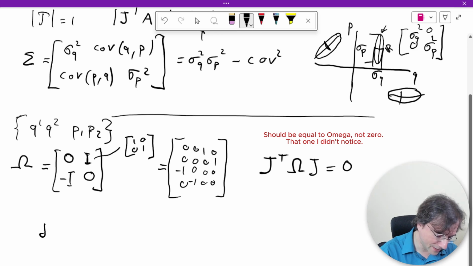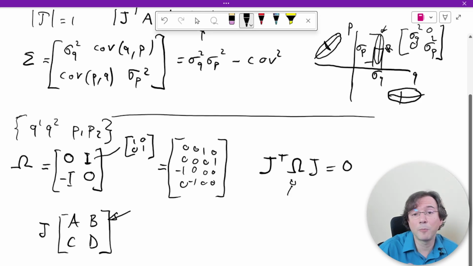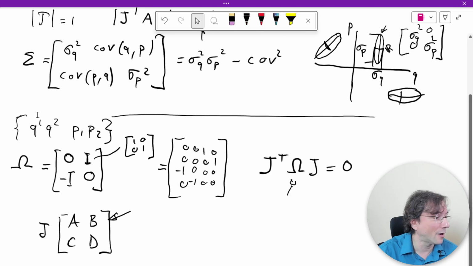If you write the matrix as a block matrix, you will find some conditions, because when you do the products of these block matrices, some of them are 0 and some of them are the identity.